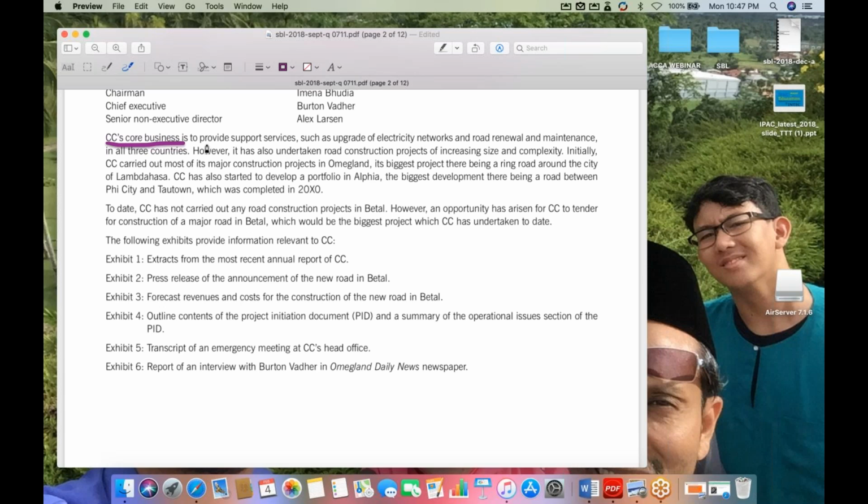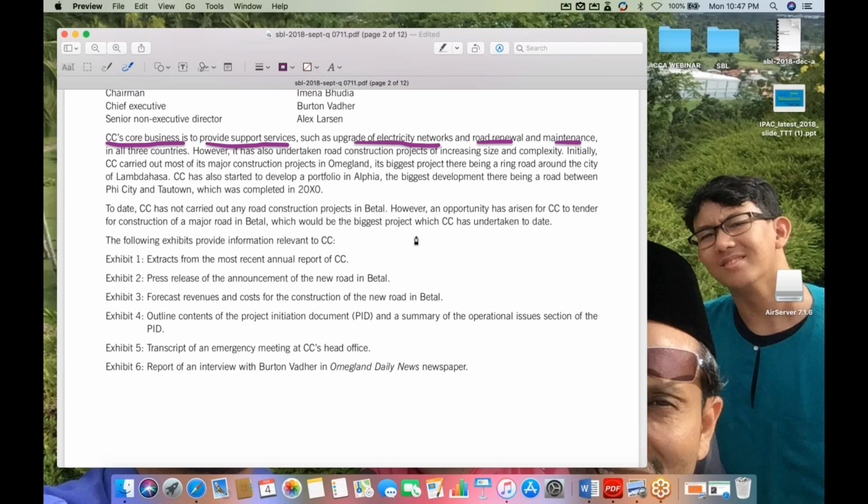What they do is provide support services, upgrade electricity networks, road renewal and maintenance. This is their core business, right? In all three countries.